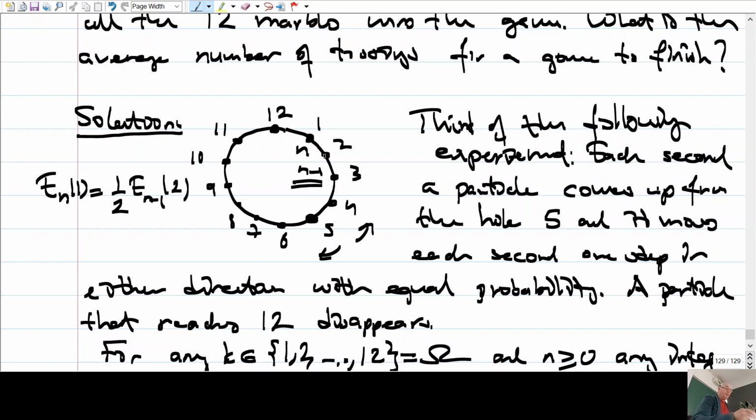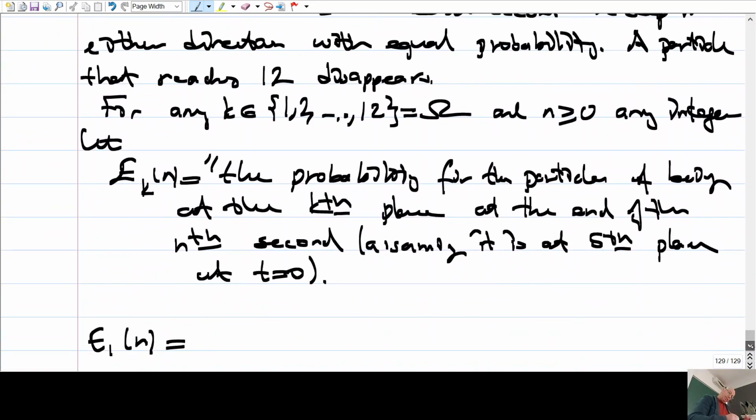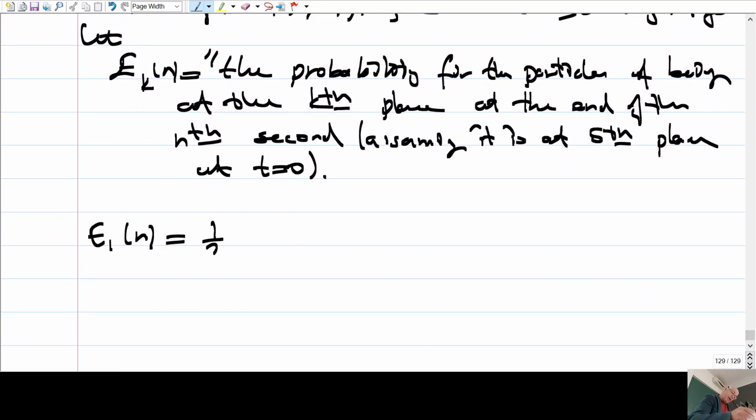Whatever the probability for the particle to be at the point 2 at the end of the n minus first second, the probability for the particle to be at the point 1 at the end of the nth second is half of that, because with 50% chance it will go upward, and 50% chance it will go downward. Okay, so I have this relation. This is 1 half E2 n minus 1.